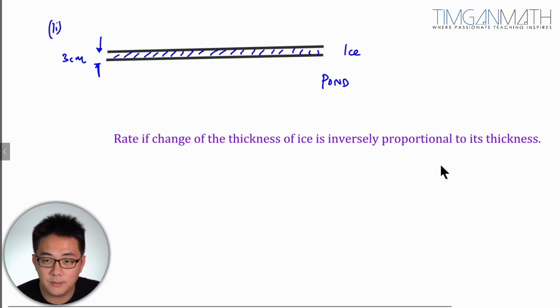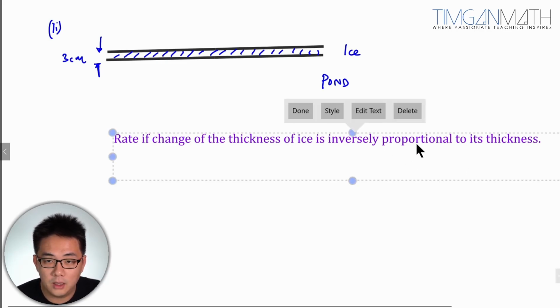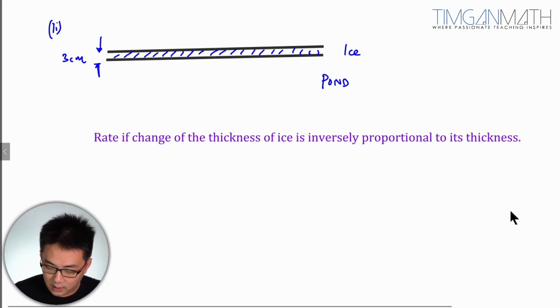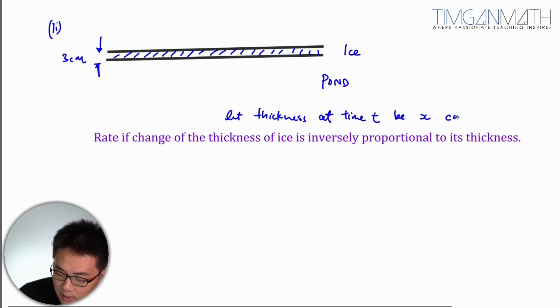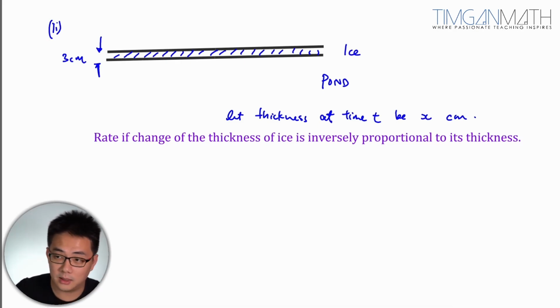So this part here is important because we need to let the thickness at time t be x cm. That's the thickness.